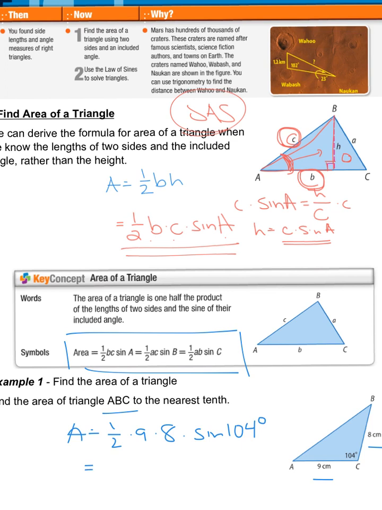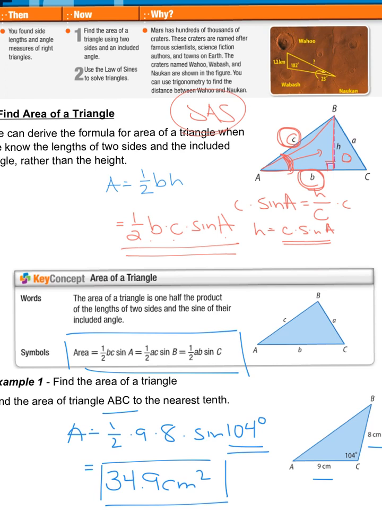So we have 1/2 times 9 times 8 times the sine of 104. Make sure your calculator is in degree mode, and then you should wind up with 34.9 square centimeters. That's how we can find the area of a triangle given two sides and the included angle. That's going to be the first part of your day.